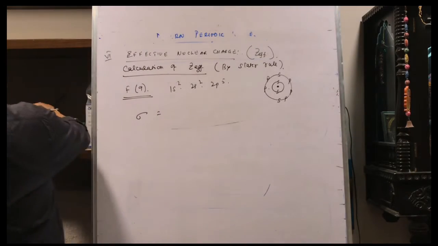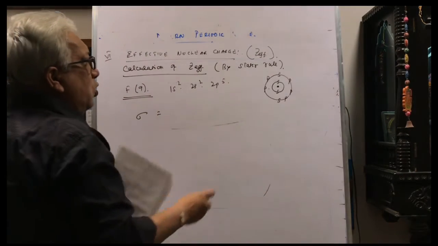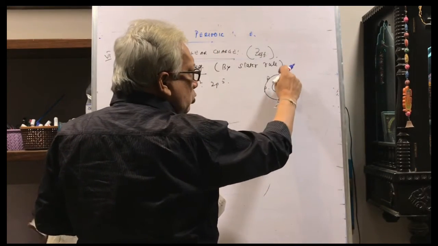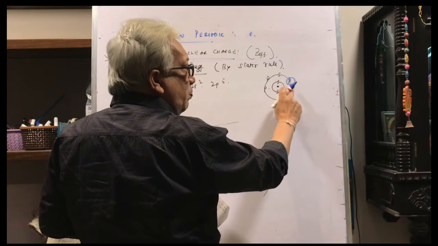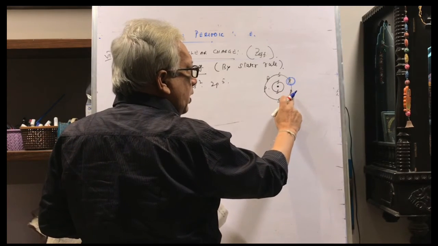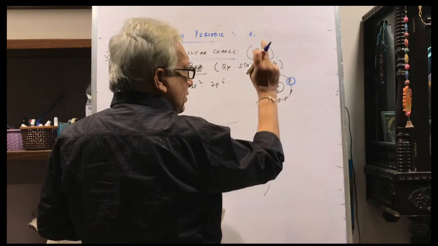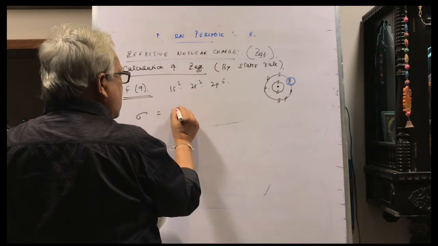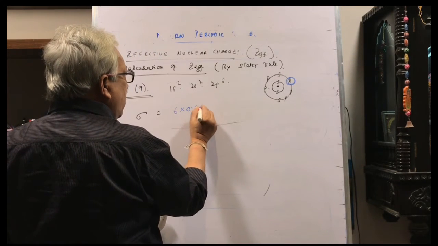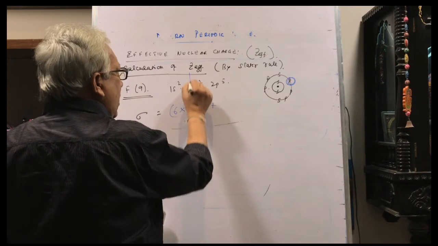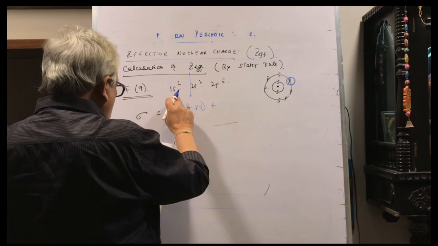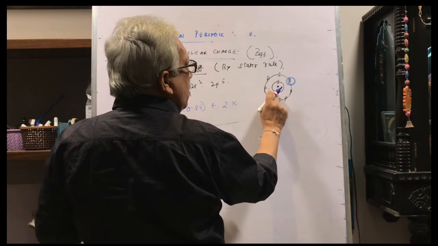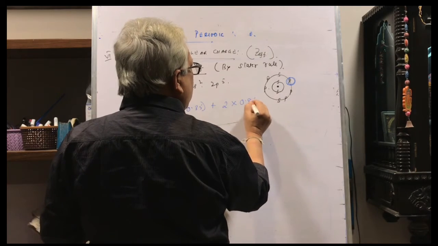Let's say I want to find out the effective nuclear charge on this particular electron. तो इसके खुद के शेल में और कितने इलेक्ट्रॉन हैं, एस और पी के हैं, तो बाकी लोग कितना कंट्रीब्यूट करेंगे, 1 2 3 4 5 6, there are 6 more, so each one will be 6 into 0.35, plus this, and there are 2 electrons in just the inner shell, and they will be 2 into 0.85.